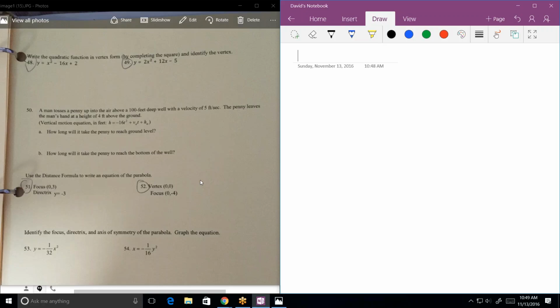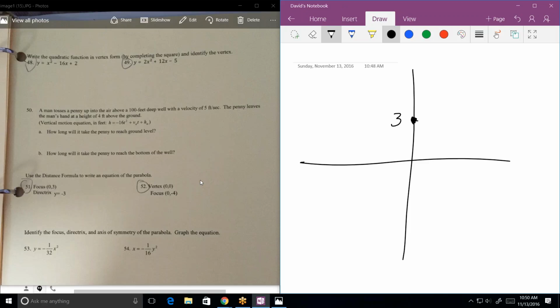So let's do 51. Use the distance formula to write an equation of the parabola. Okay, well, here's what they mean. It's a fairly hard problem here. I'm going to put the focus right there. Which way does this parabola open, up or down?